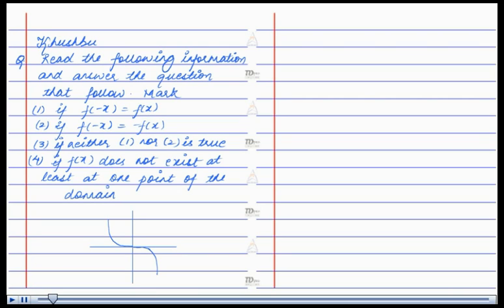The question is, read the following information and answer the question that follow. A graph has been given.